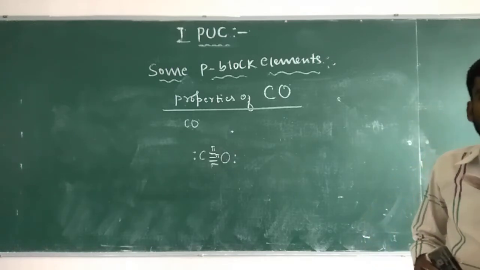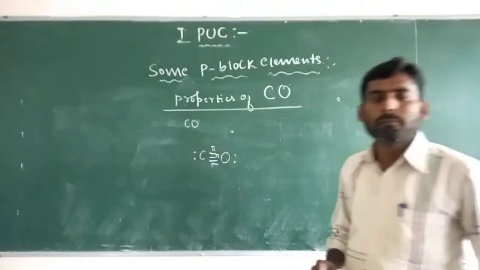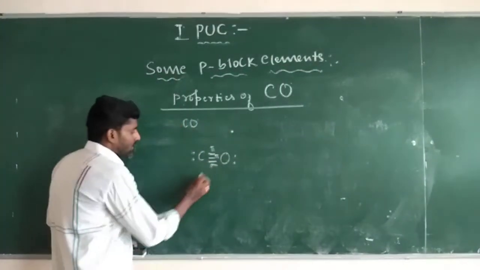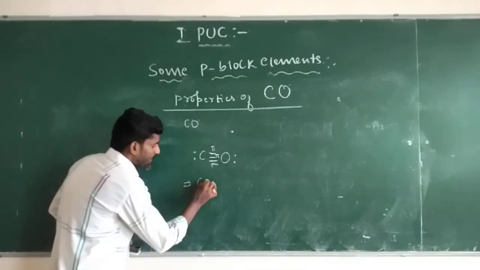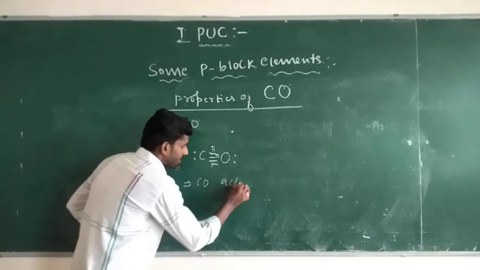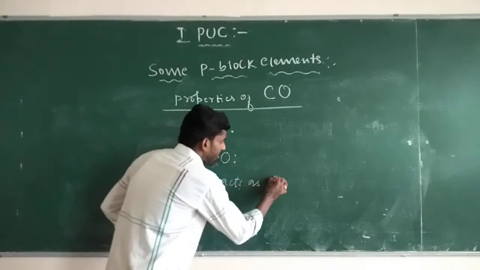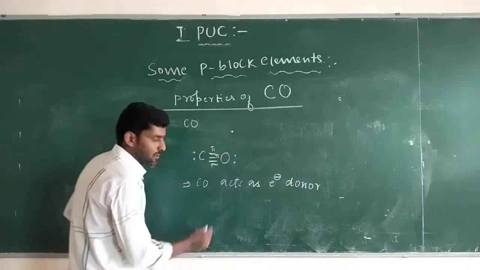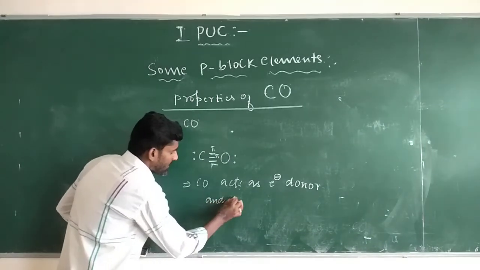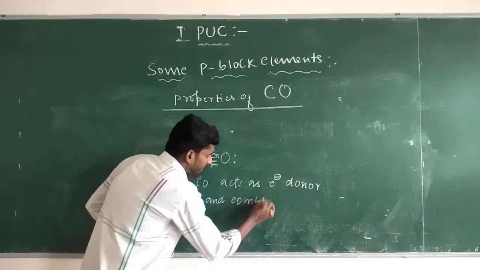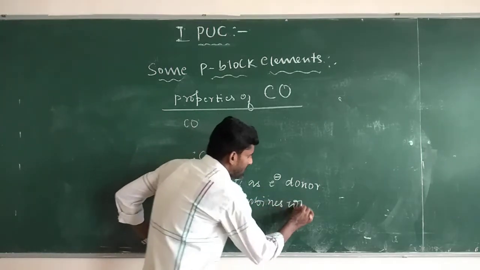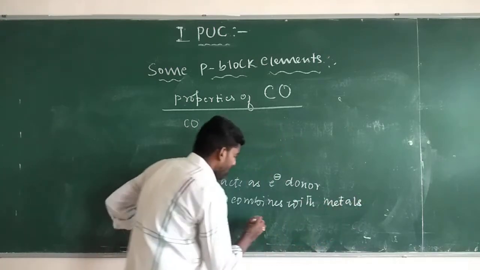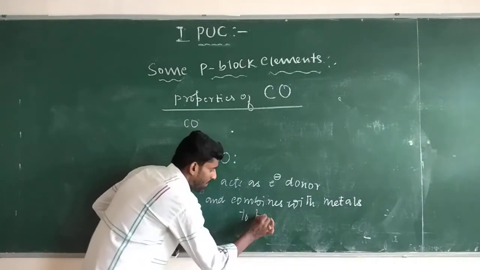It combines with metals to form metal carbonyls. So CO acts as an electron donor and combines with metals to form metal carbonyls.